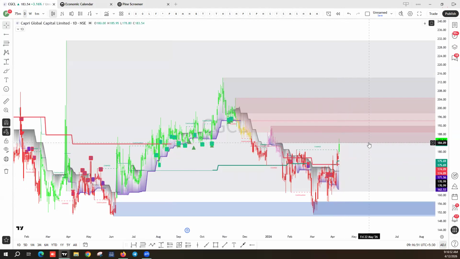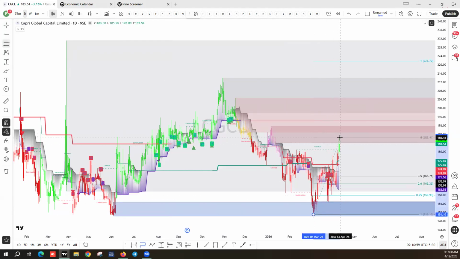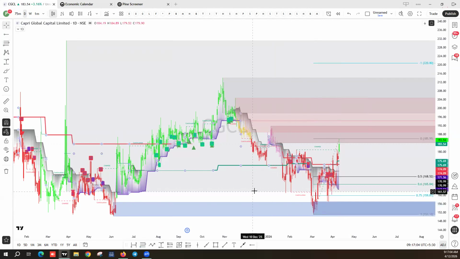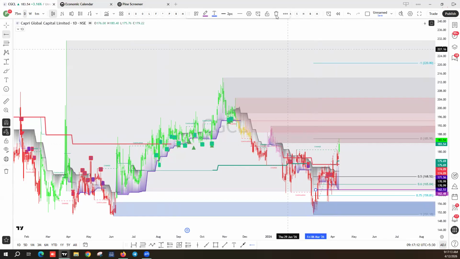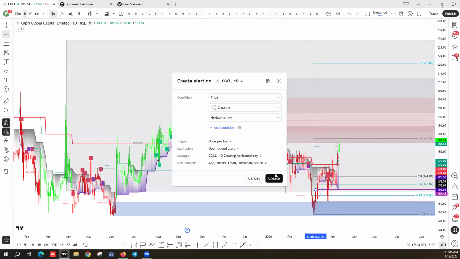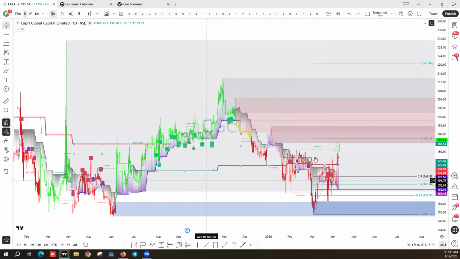So I will wait for retracement entry. Capri Global, 168, 165, 160. I will place an entry alert around 162. If it comes, then I will check.